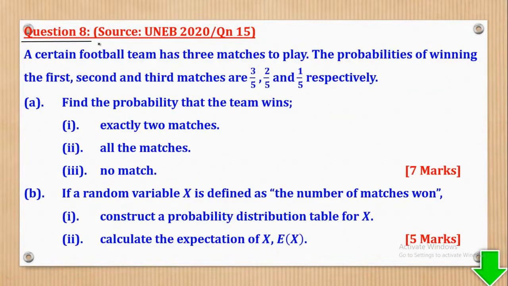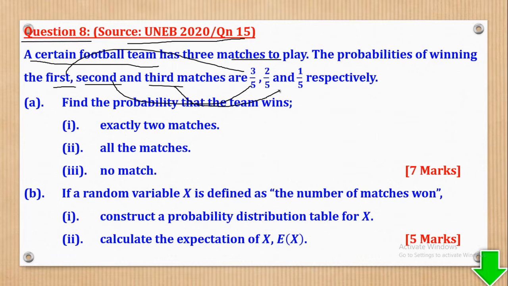Now we shall go to question 8, which came from UNEB 2020, that is last year, paper 2, question 15, and it says a certain football team has 3 matches to play. The probabilities of winning first, second, and third matches are 3/4 for the first, 2/5 for the second, and 1/5 for the third. That is why there is this word respectively.